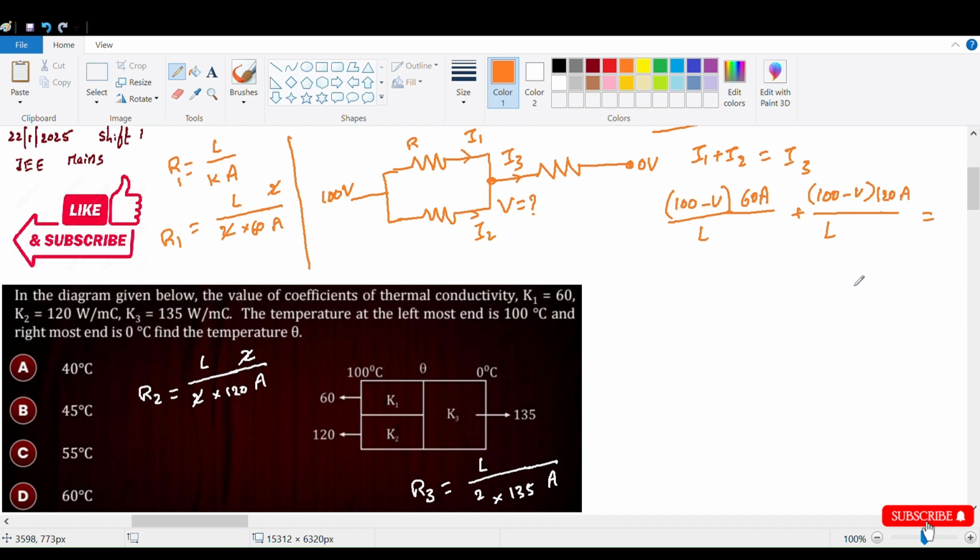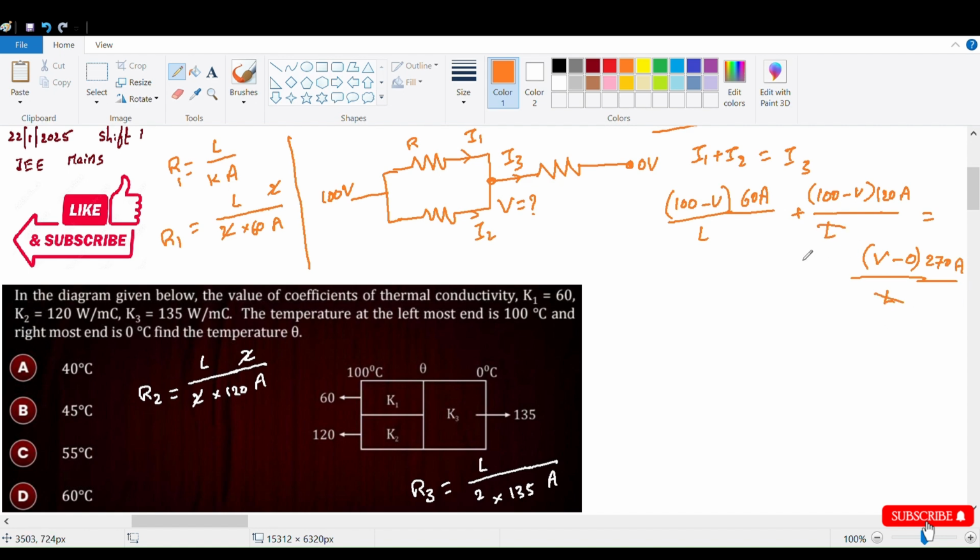Same, I is equal to V by R, where the potential difference is V here. Current always travels from higher potential to lower potential. So V minus 0 by R, R is L by 135 means 270, it is 270A.